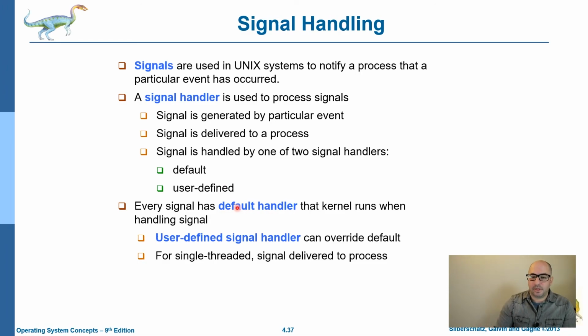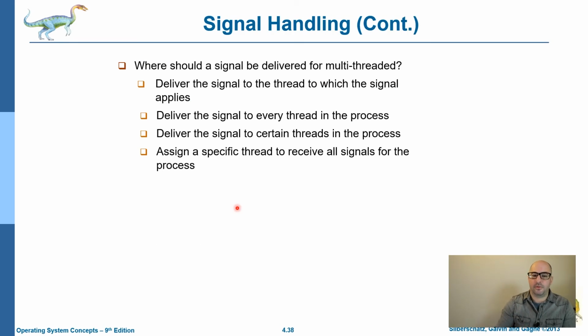In a single-threaded application, there's only one possibility for delivering that signal that goes to the only thread of execution to handle it. However, for multi-threaded applications, where does the signal go? There are multiple ways to handle this problem. If it were a synchronous signal, it could be delivered to the thread which created the signal.